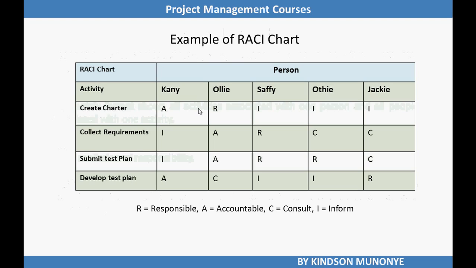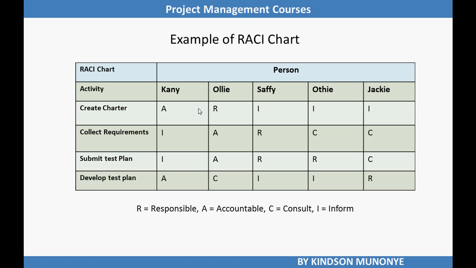So in the RACI chart you see it has a column for the activities, and then we have the other group for persons in charge. The first activity, create charter, has Kani as accountable, Oli as responsible, Safi to consult, Oti and Jackie to inform.